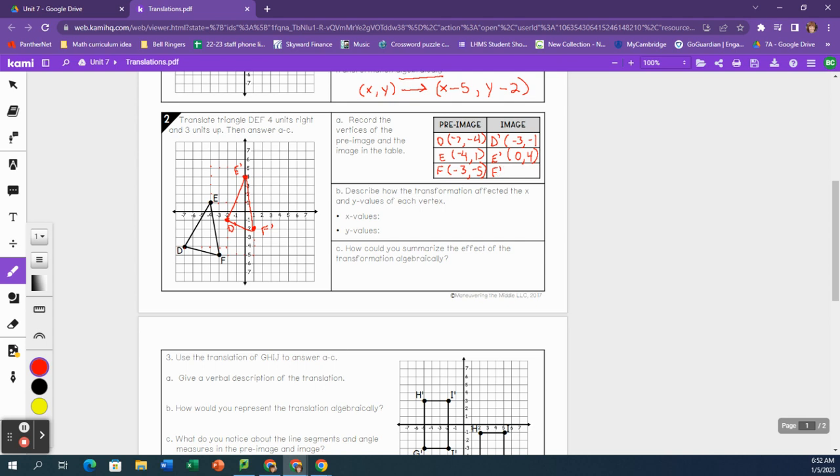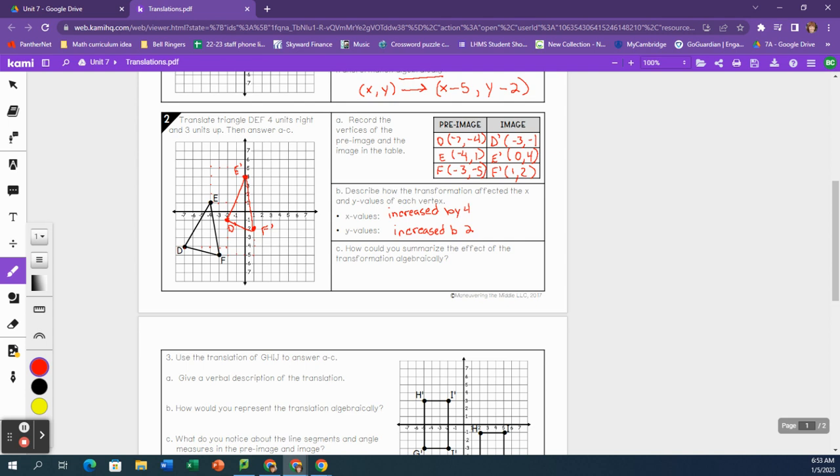And F prime is 1, 2. So what took place if I were to describe it? I would say that we increased by 4, and we increased by 2.